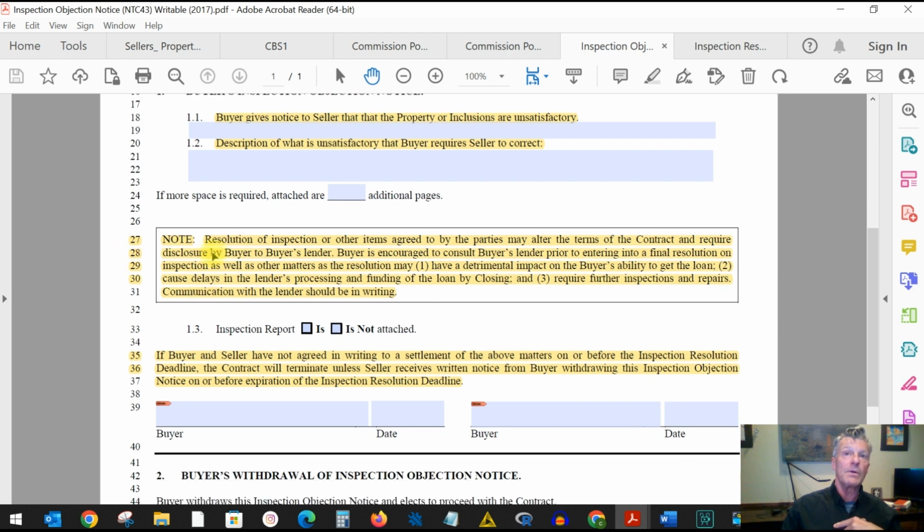Let's look at a couple notes. Resolution of inspection or other items agreed to by the parties may alter the terms of the contract, and require disclosure by buyer to buyer's lender. What? Why? Let's say we've got a structural issue. This is just an example.